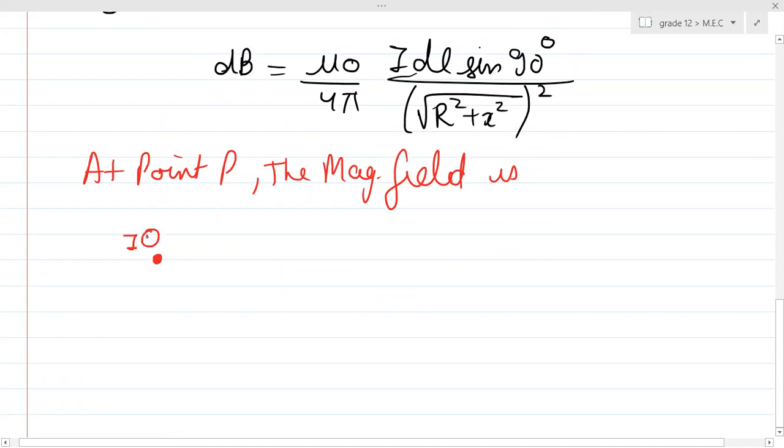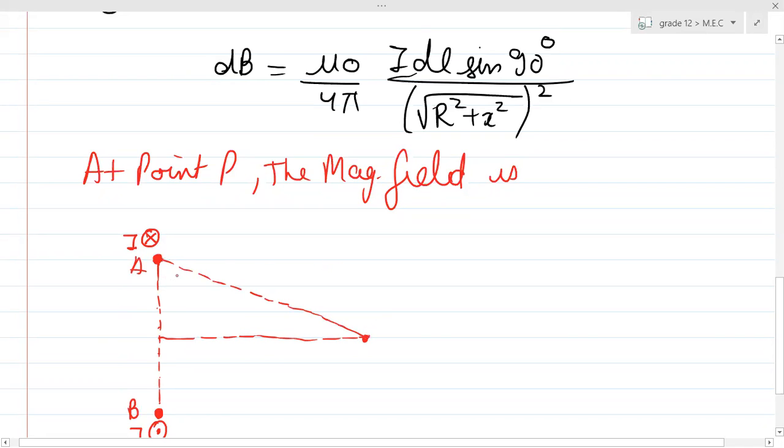This was the current going into the plane, and here the current is coming out of the plane. This is point A, this is point B. This is under root of r square plus x square.